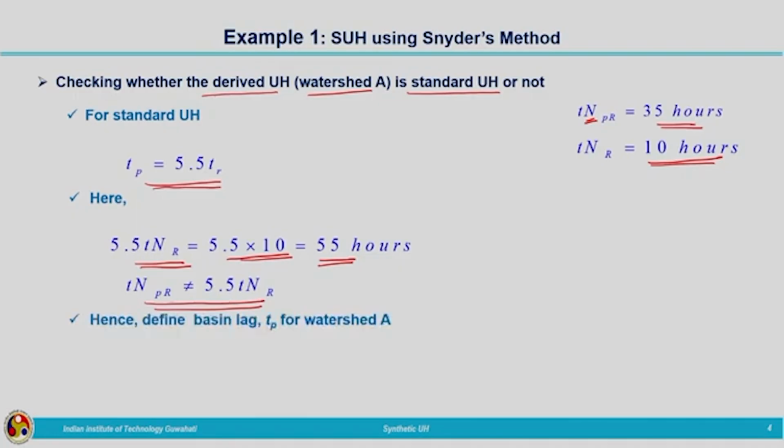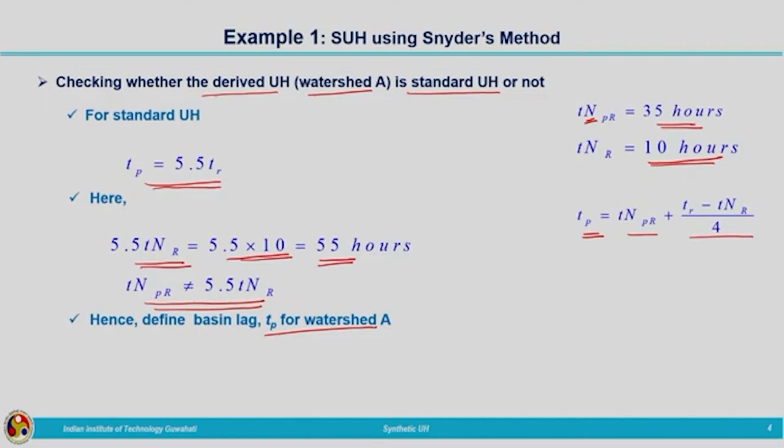So, basin lag Tp for watershed A can be calculated by the formula given by Snyder. This is the formula for the basin lag for the unit hydrographs which are not standard UH. Tp is given by TPR plus (Tr minus TR) divided by 4.